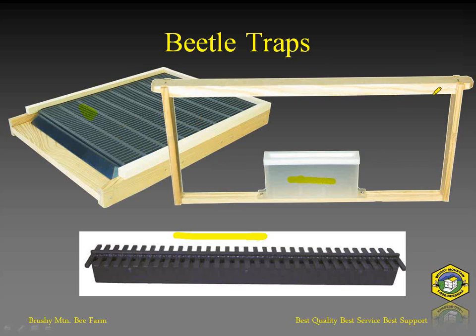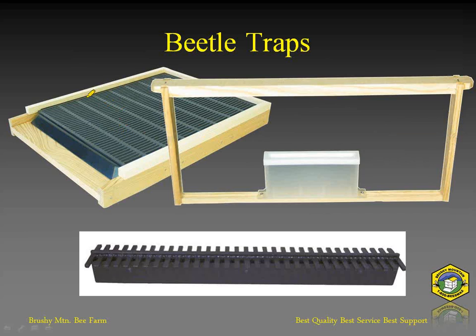So, for example, the West Beetle Trap, you can see has this grid that looks much like, I guess, a queen excluder, where there are these little slots. What you do is you fill up a tray, which is right here. This is the tray, and this slotted cover fits on top of it, and you fill up that tray with vegetable oil.